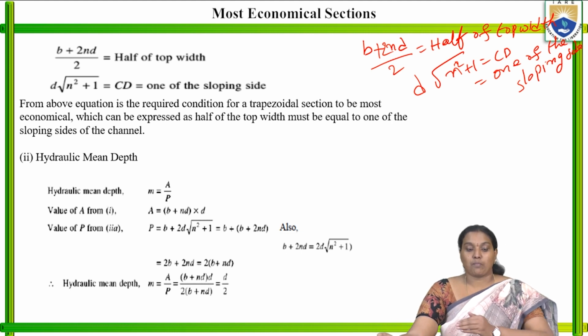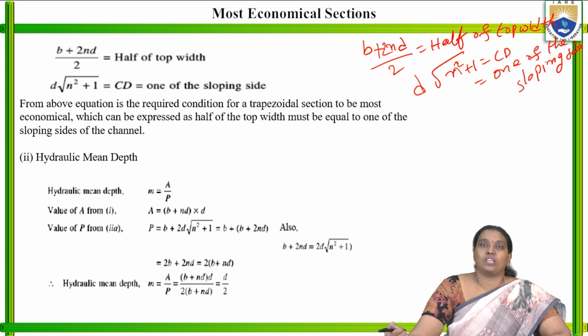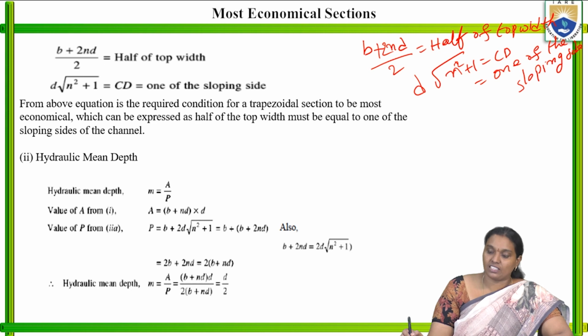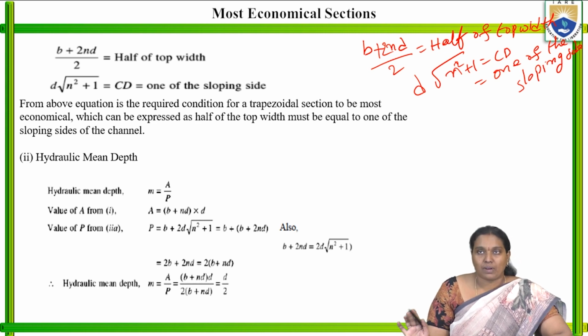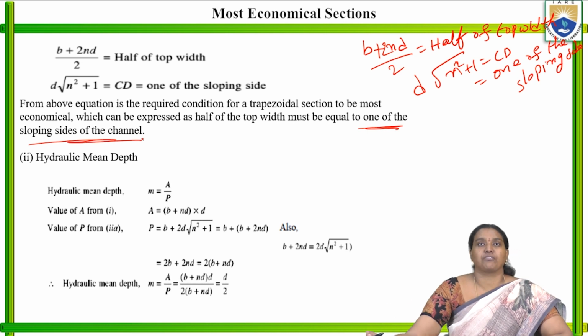So from the above equation, the condition for a trapezoidal section to be most economical can be expressed: half of the top width must be equal to one sloping side of the channel.